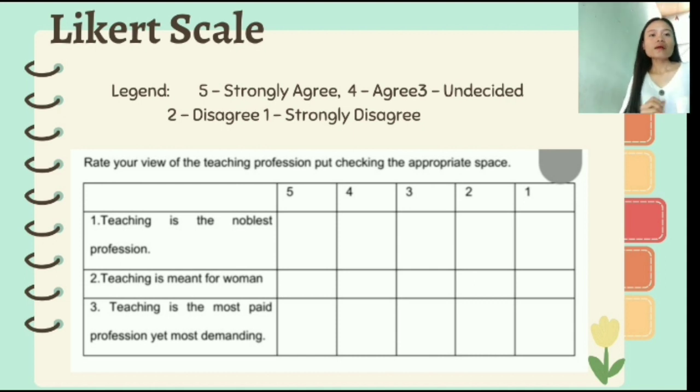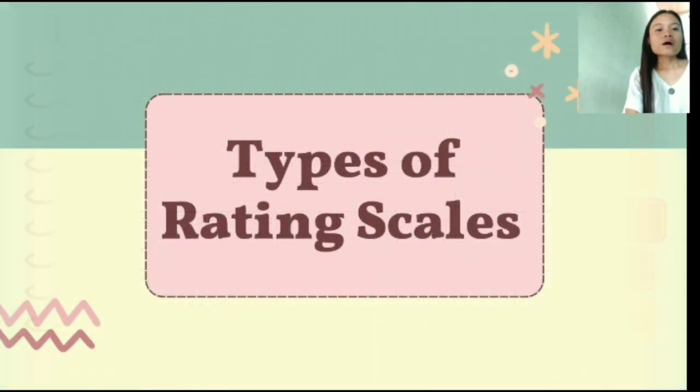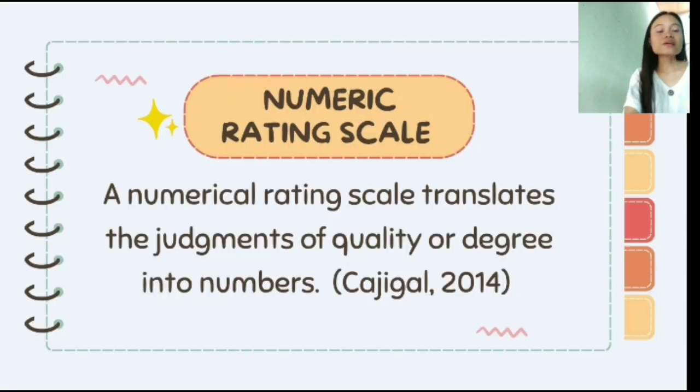In this one, you just need to rate your view of the teaching profession by putting a check in the appropriate space. And according to the book of Kubiszyn, there are two types of rating scales. The first is the number rating scale. A number rating scale translates the judgment of quality or degree into numbers.